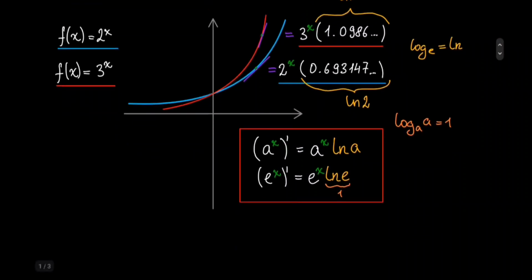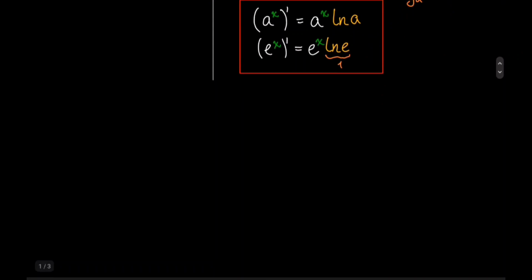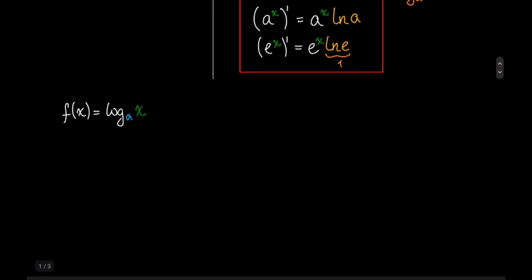Well, and logically, next up, I have to explain to you the derivatives of logarithmic functions. If we have a function f of x in the form of log base a of x, then its derivative is going to be 1 over x times ln of a.